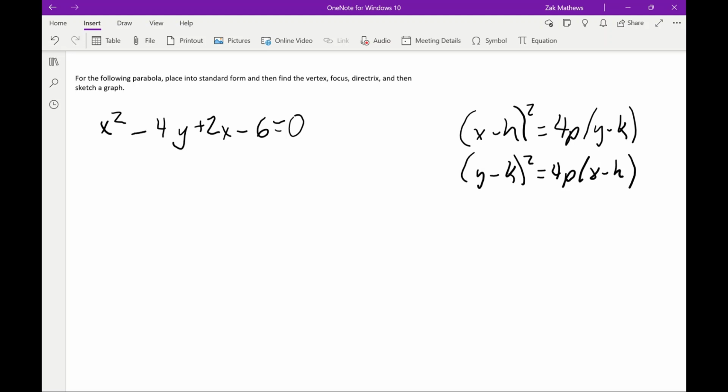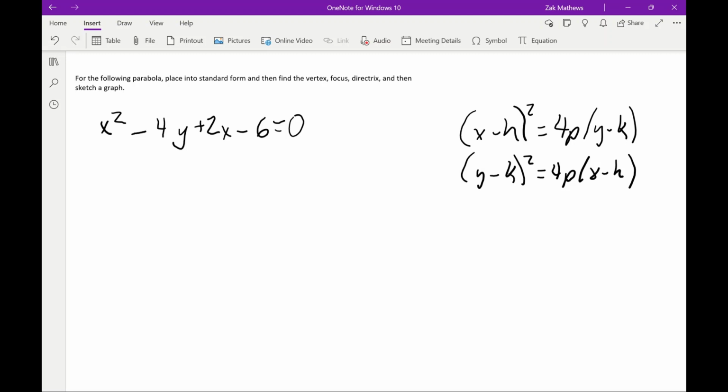It doesn't give me that p-value to help me find the focus, the directrix, or the width at the focus point. So there's a lot of things that this standard form of a parabola does for me that the quadratic standard form can't do. And on top of that, if we have an equation that's not a function, for instance a y squared equation, we wouldn't be able to solve that with the quadratic equation because it's not quadratic.